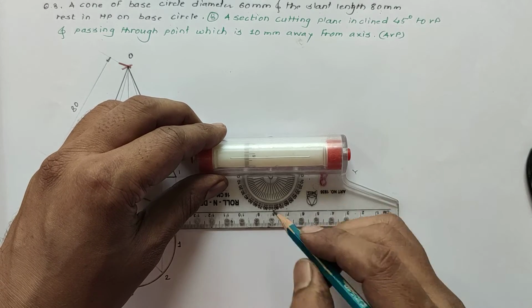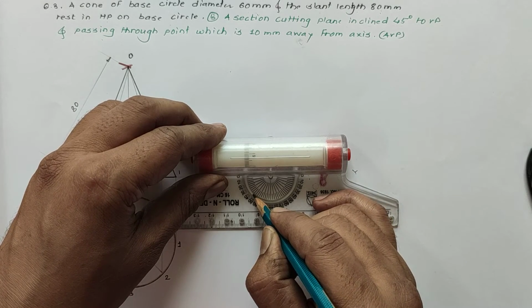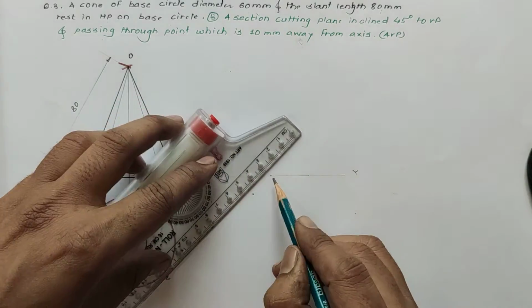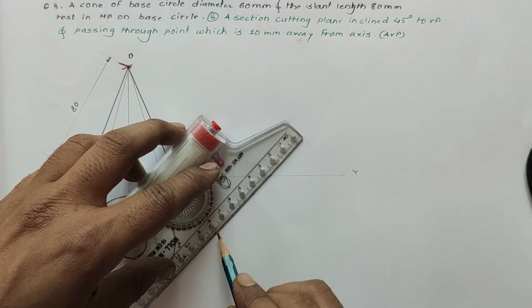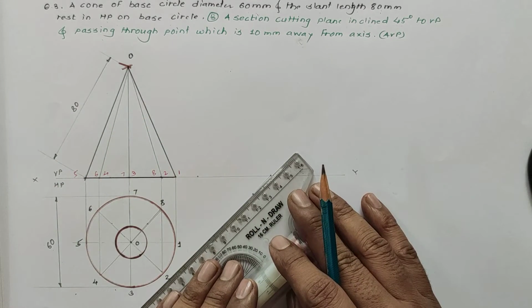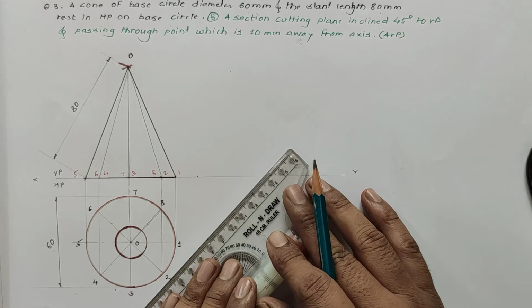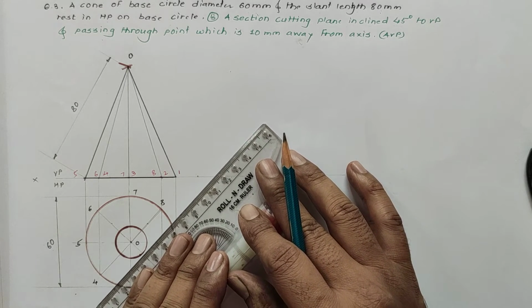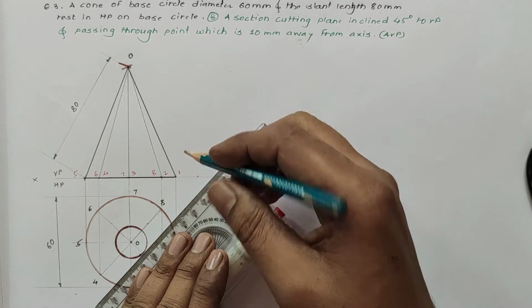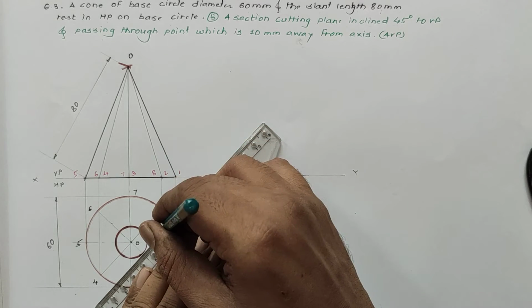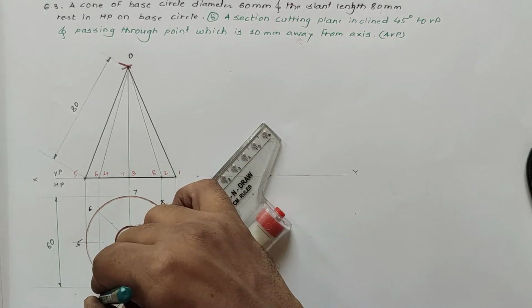Using that point, mark the 45 degree line. Use the roller and draw, and we get the cutting plane position.